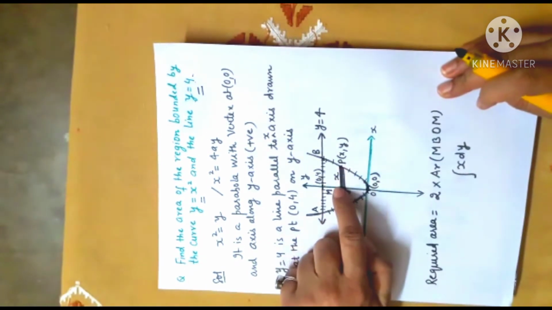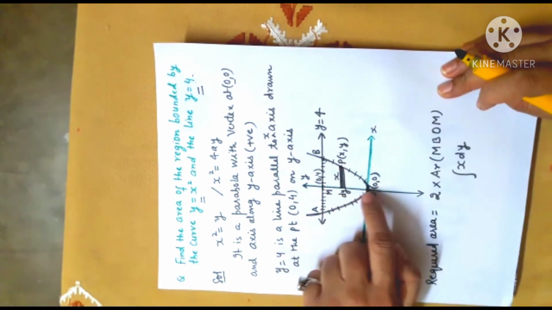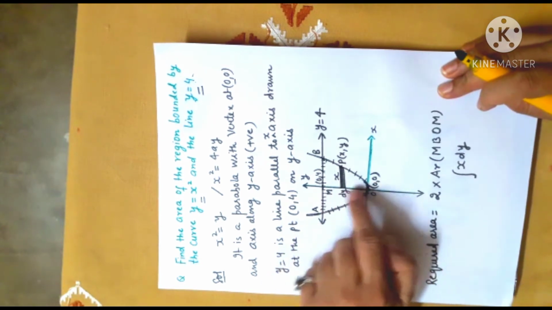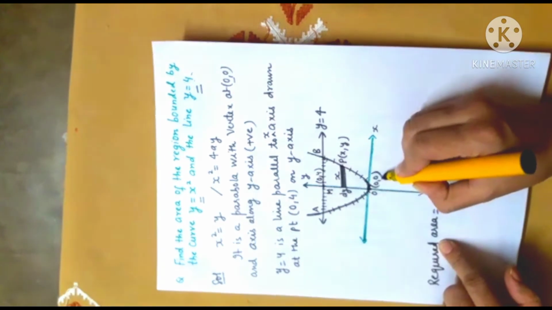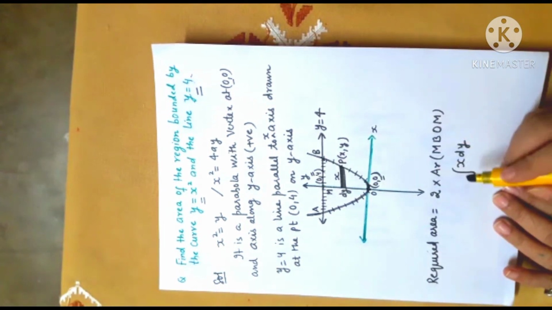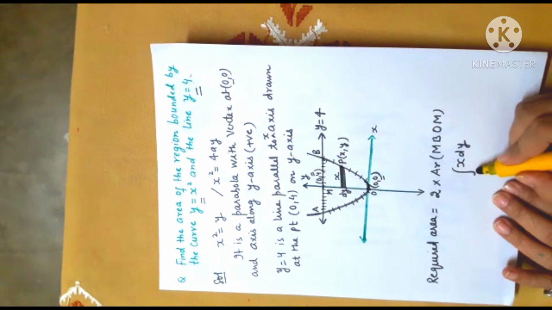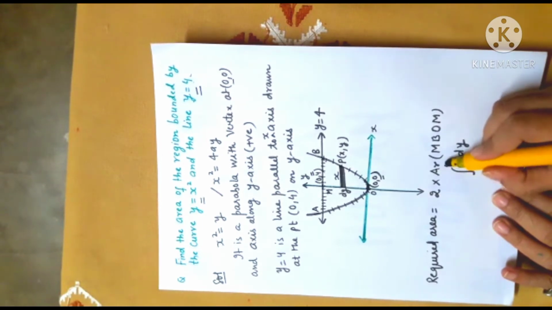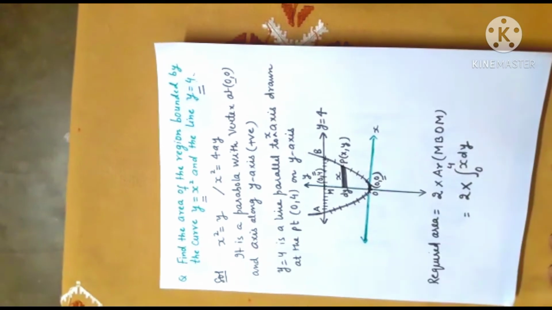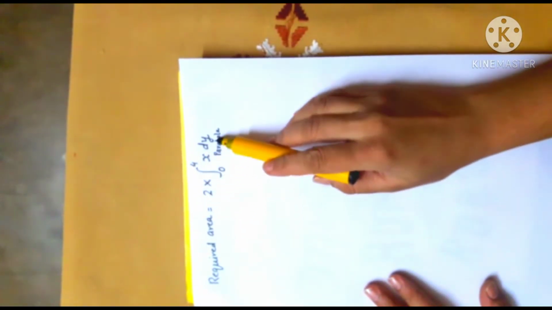As I have considered a horizontal strip, so limits of integration will be from 0 to 4. See the y coordinates. So area MBOM will be integral x dy from 0 to 4, and required area will be double of this.